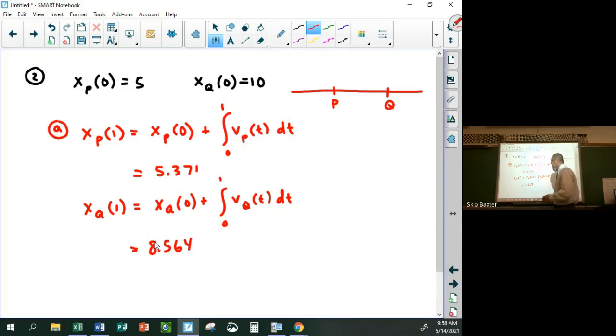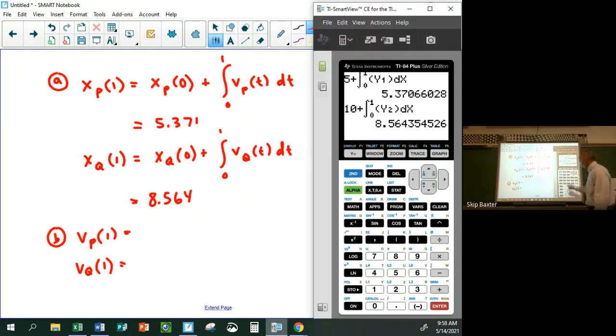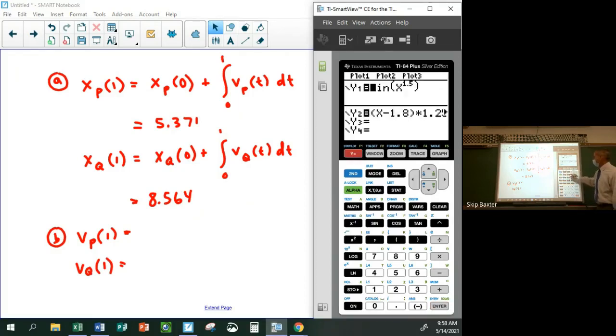Let's just find the values. So for part B, you just need to find VP of 1 and VQ of 1. That's easy. That's just using the value function on your calculator, right? So if I graph these from 0 to pi, because that's what these functions are good for, from 0 to pi.